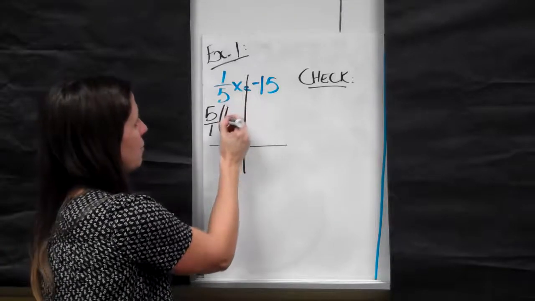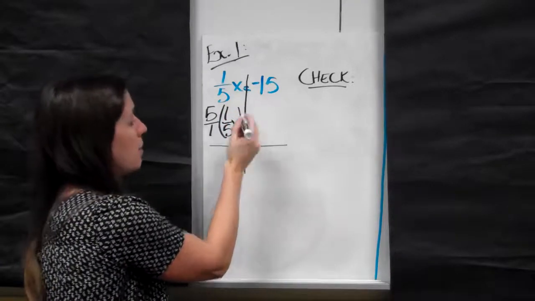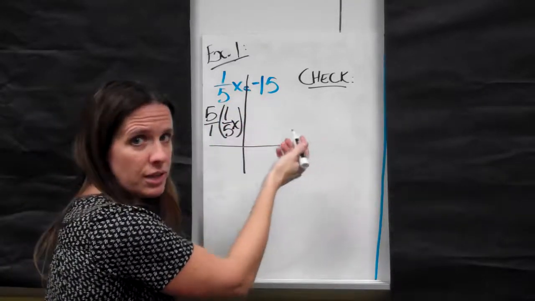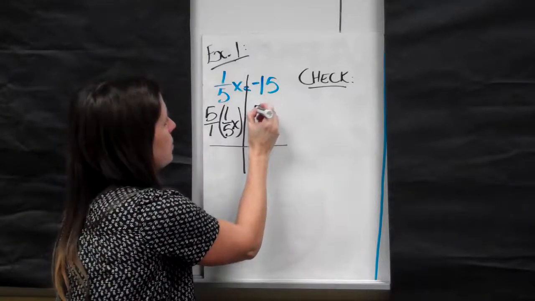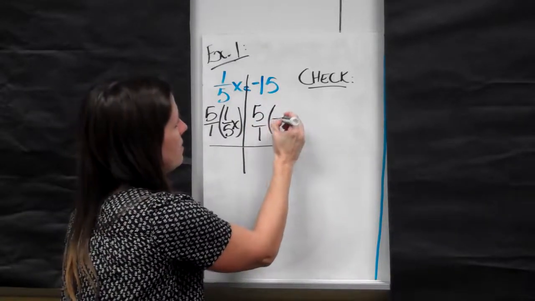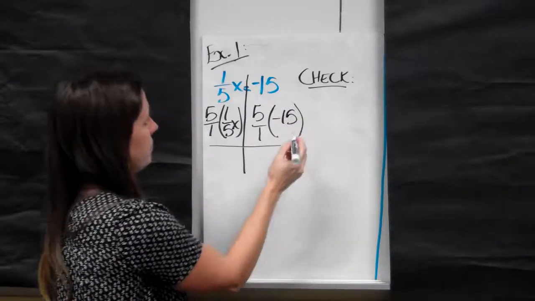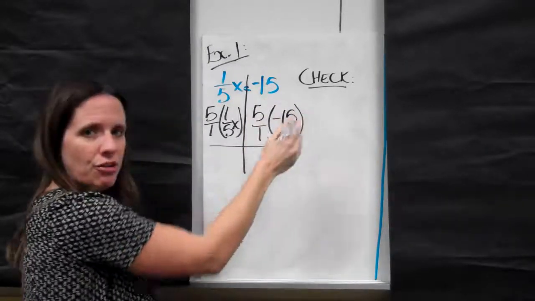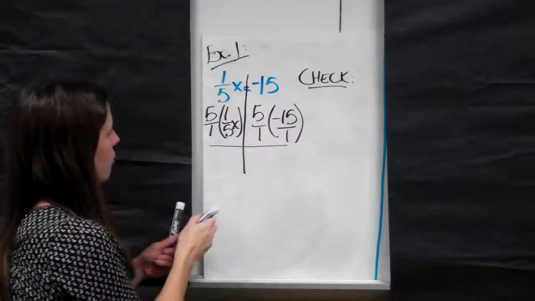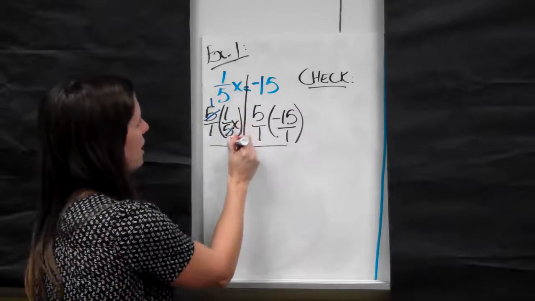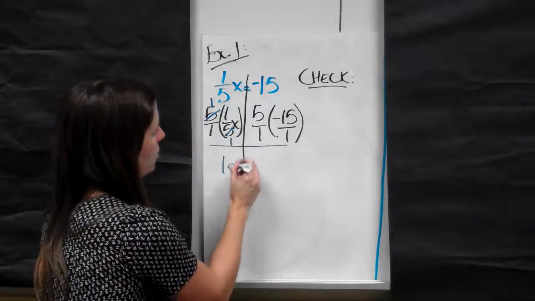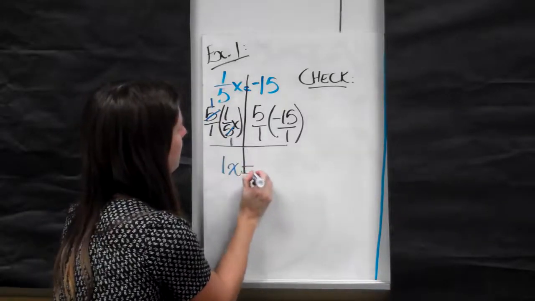So we're going to do 5 over 1 times 1/5 x. What we do to one side, we have to do to the other to keep it balanced. So we're going to do 5 over 1 times negative 15. And I'm going to put that over 1, fraction and fraction. Okay, over here, we simplify to 1x, or just x, whichever you prefer.